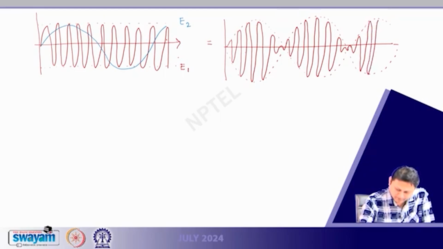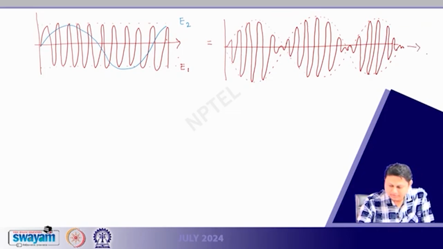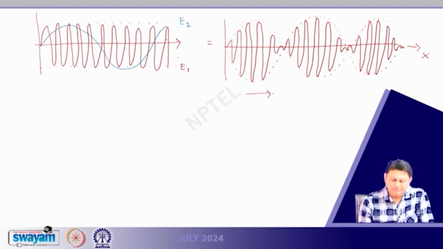The solid line that I am drawing here will be the structure of the resultant wave that one can expect. So, this is along the x direction, and this is moving. This is the resultant one.